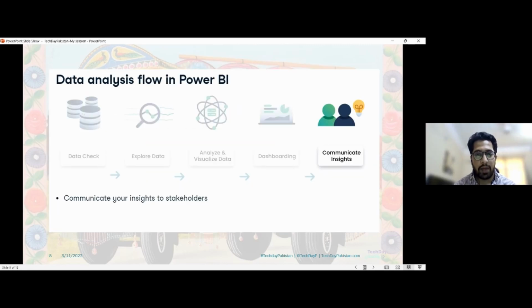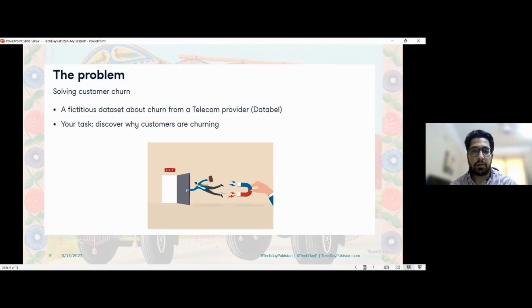One particular example that we are going to discuss here is churn rate analysis. Wajeeh is going to talk about it in more detail, but it's basically customer churn. What exactly is customer churn?